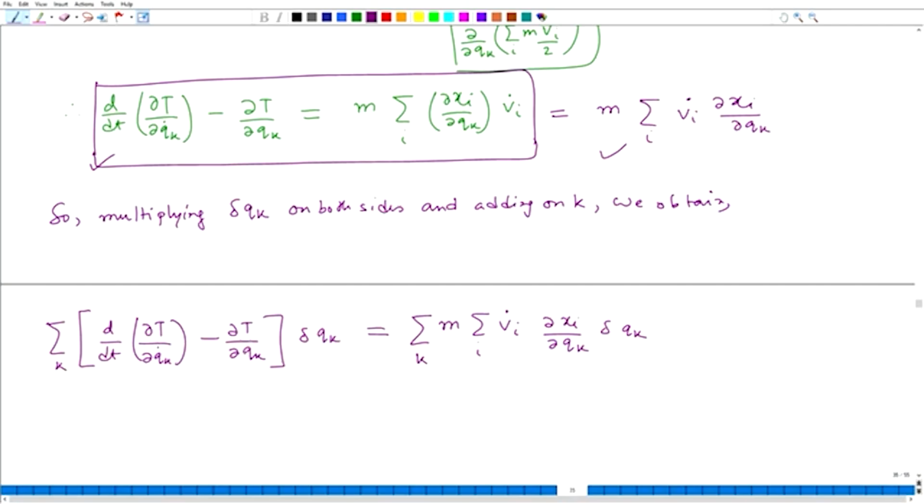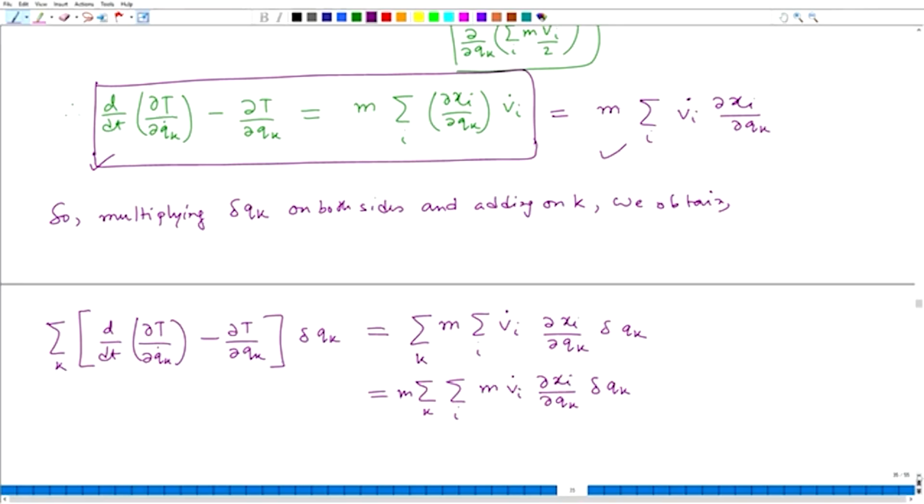Now I can take this also here, summation over k and i, m v_i dot, ∂x_i/∂q_k δq_k.